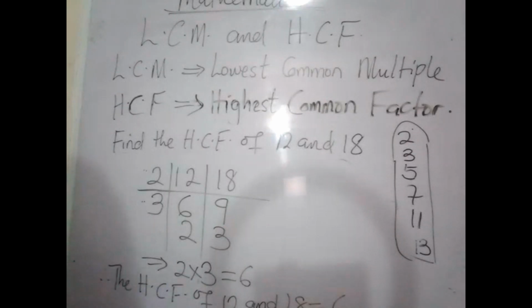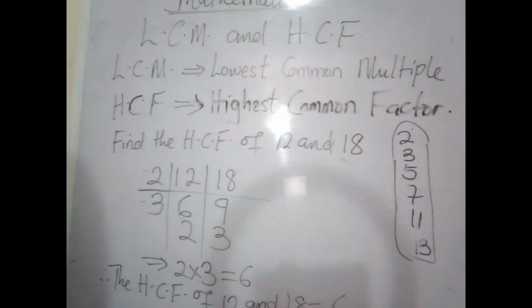So for prime factorization, you just break the number down into the prime numbers that can multiply themselves to give you the number. And then what you do is you use the highest power of each prime factor to get your multiplication. And when you do that, you multiply what you have and you get your final answer.